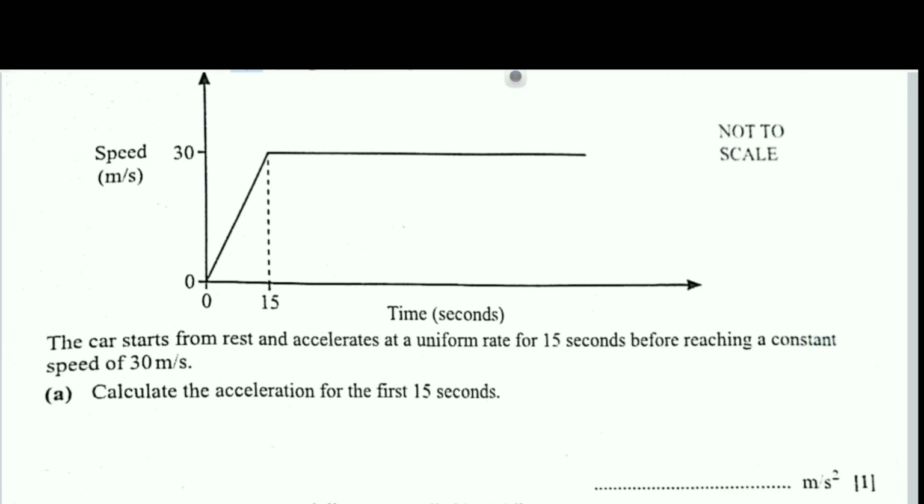So it means that we have to find gradient again here. So gradient of first 15 seconds, the coordinates of this point are 15 and 30, and this is 0, 0. So gradient is 30 minus 0 over 15 minus 0, which is equal to 2.